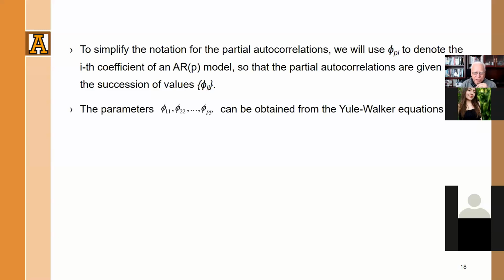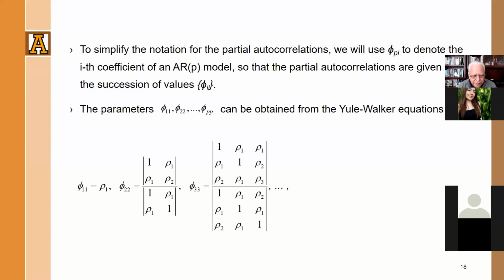That's going to determine the partial autocorrelation function. These parameters, phi_{11}, phi_{22}, phi_{pp}, can be obtained from the Yule-Walker equations, just as we saw before when we talked about partial autocorrelations.